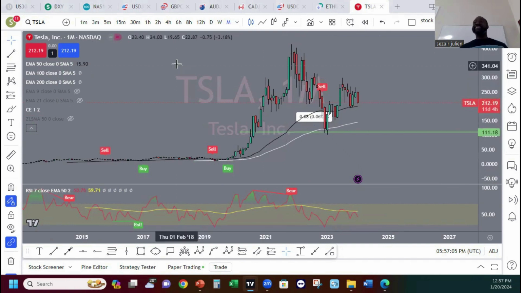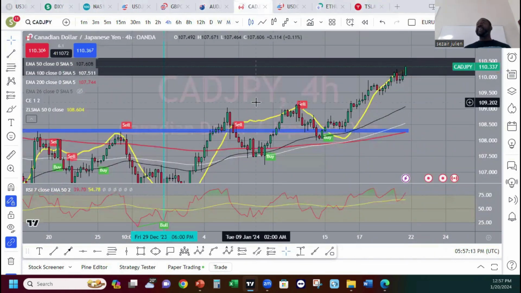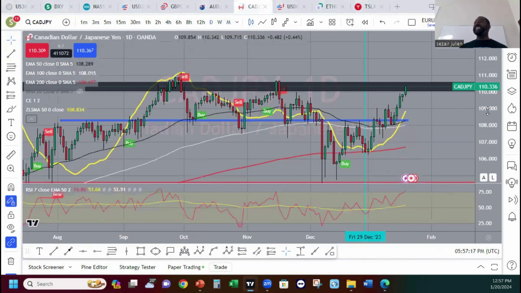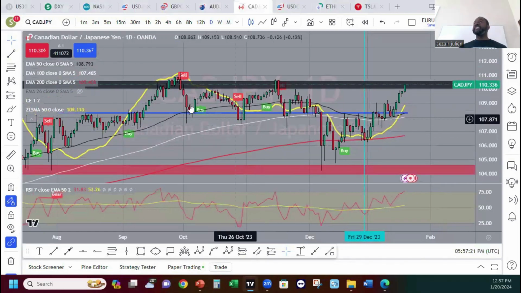So let's look at a Forex pair. Let's look at CAD JPY. As you can see, let's put daily time frame. This is what CAD JPY has been doing. See that it's been moving between this area here and this area here.